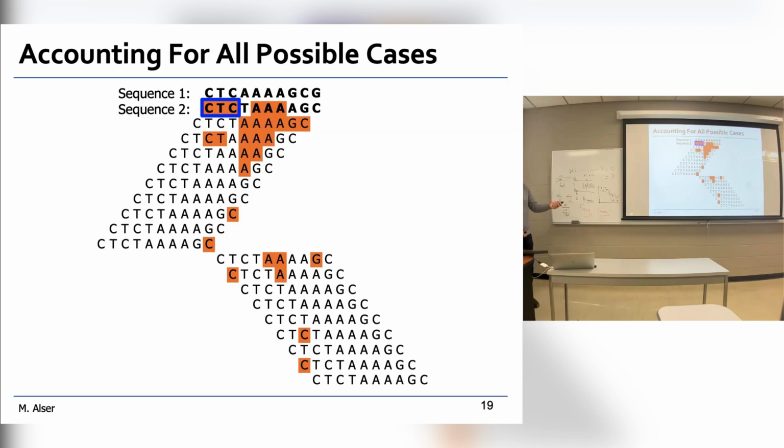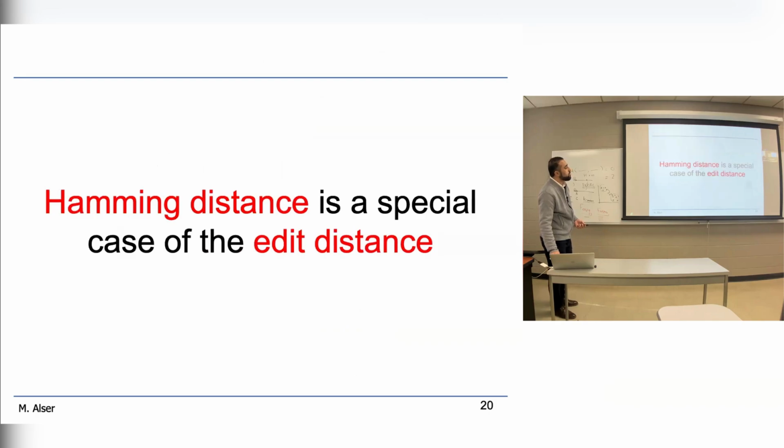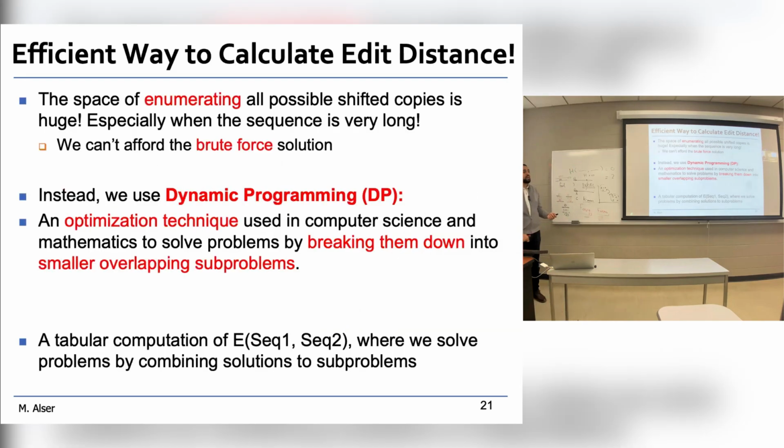Doing a shift to this version multiple times is going to cost you a lot. And then doing the XOR with this and every single copy of that, that is a lot of work. And think about this as 1,000 million long, 4 million long as nanopore, right? That will be too much to be handled. And that's why when we calculate the edit distance, we don't use that brute force approach.